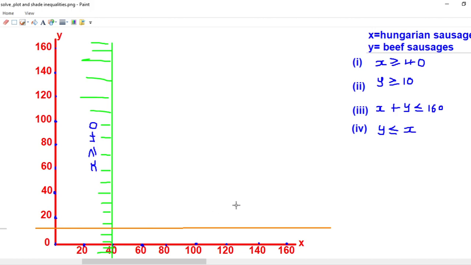Now which part are we shading? Is it upward or downward? In reality, this inequality is showing that we need to shade upward as the wanted region. Remember, we are shading the opposite because we want the unwanted region. So instead of shading the region where we have numbers greater than 10 on the y-axis, we are going to shade the opposite, which means we are shading downward here.